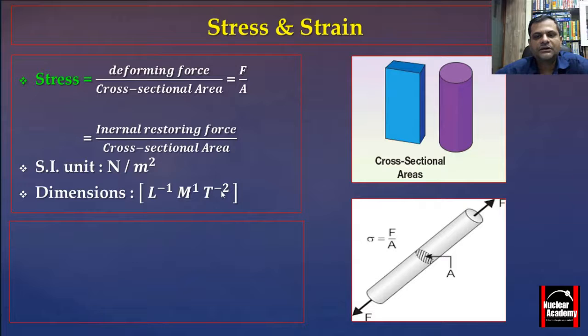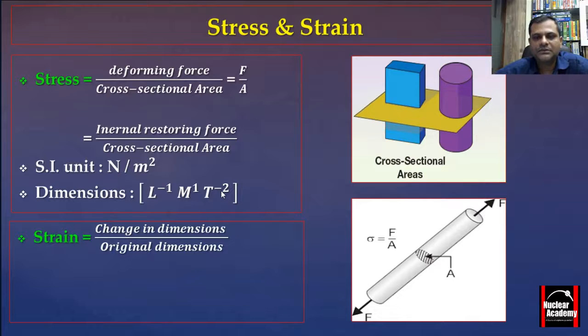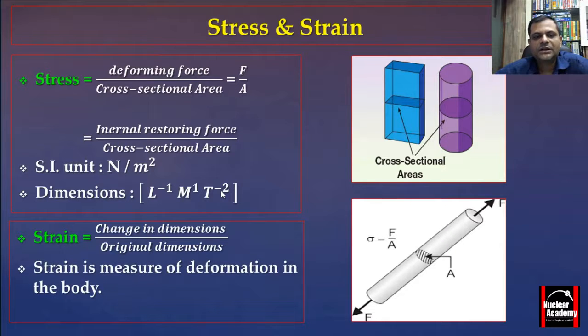The cross-sectional area is the area perpendicular to the body. On the other hand, strain is nothing but the change in dimension upon the original dimension. For example, change in length upon original length, or change in volume upon original volume, or change in shape upon original shape.